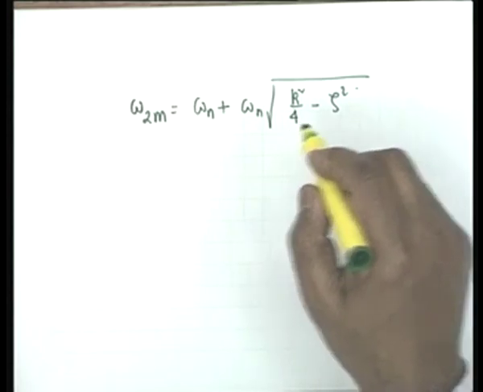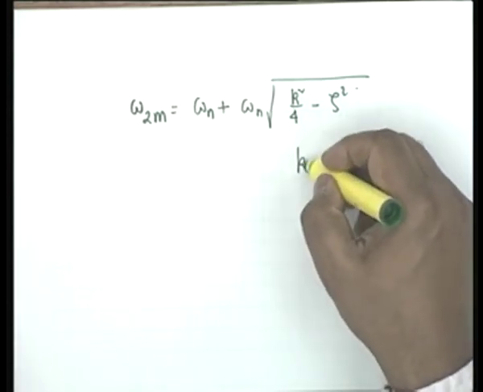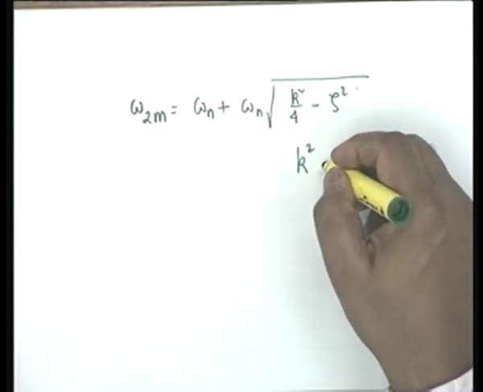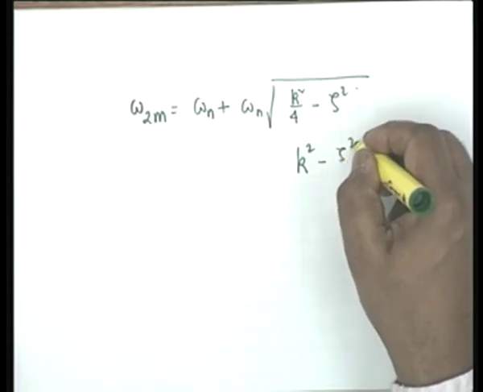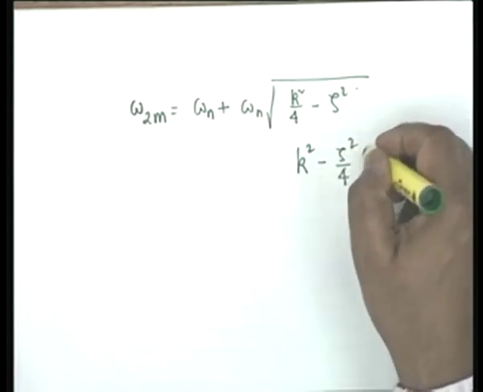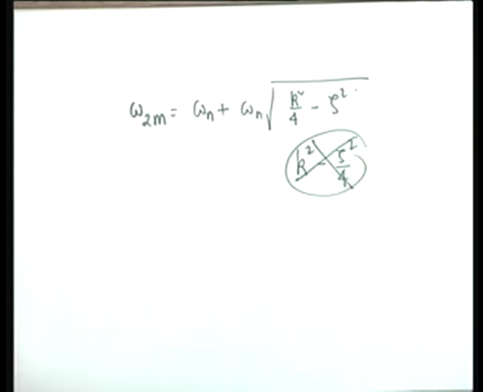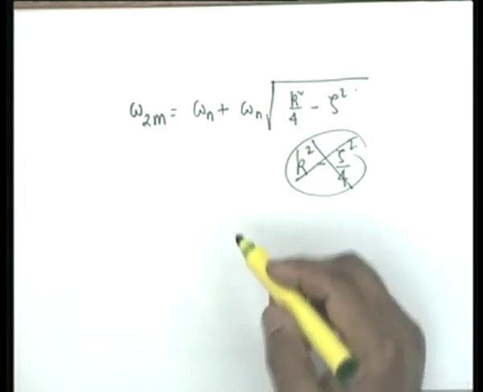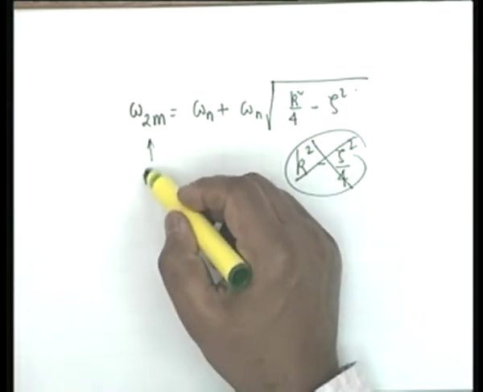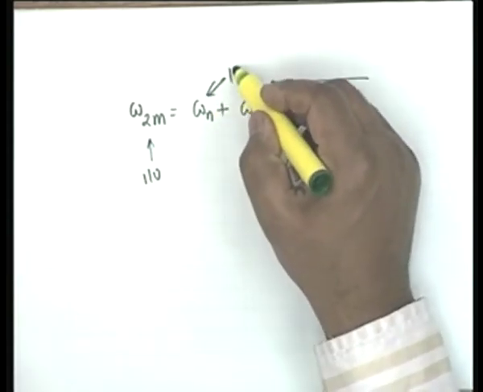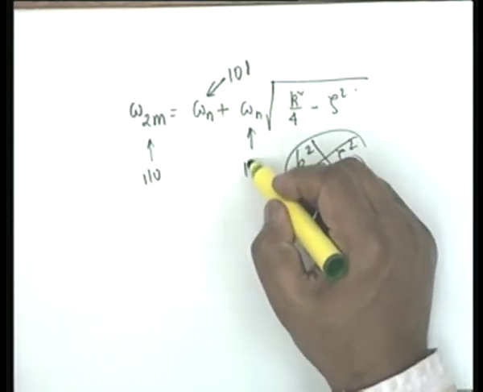Despite all this, I was shocked to see this as k squared minus zeta squared by 4. Those who have made this mistake know that this was a Himalayan mistake. And in an open book, open notes examination, it cannot be done. It should not be done. It's an offense.